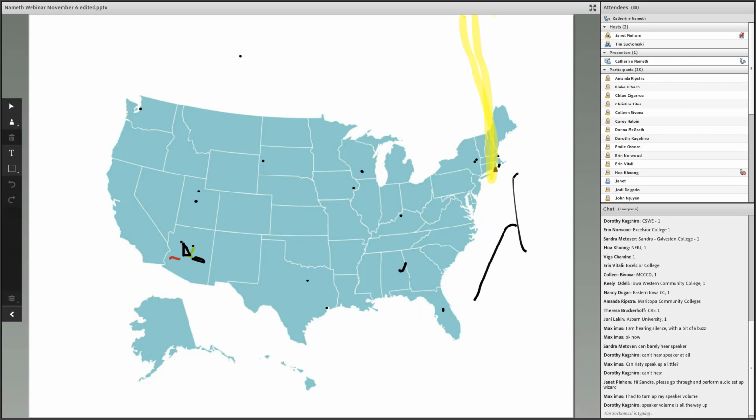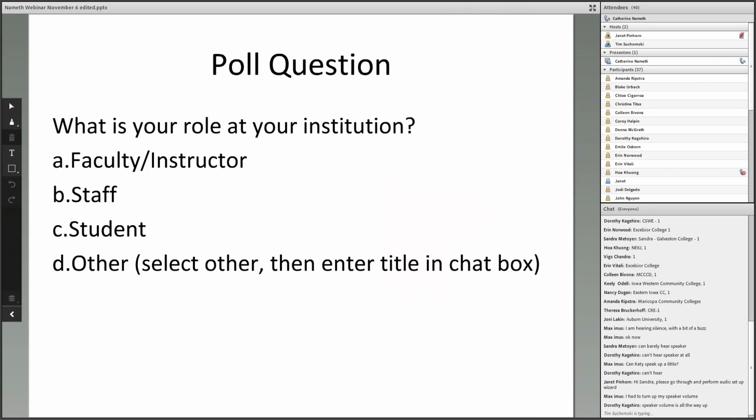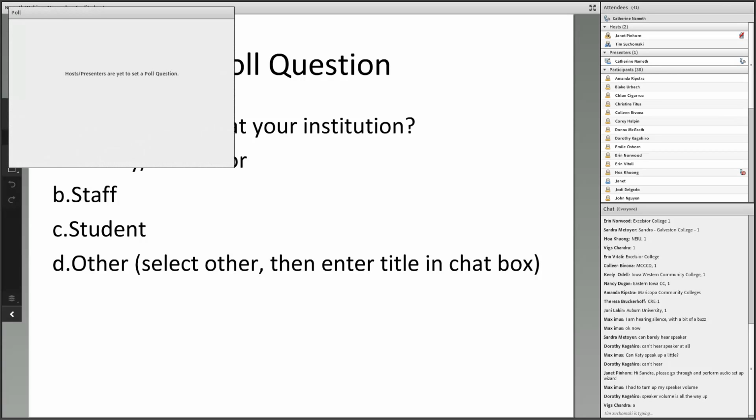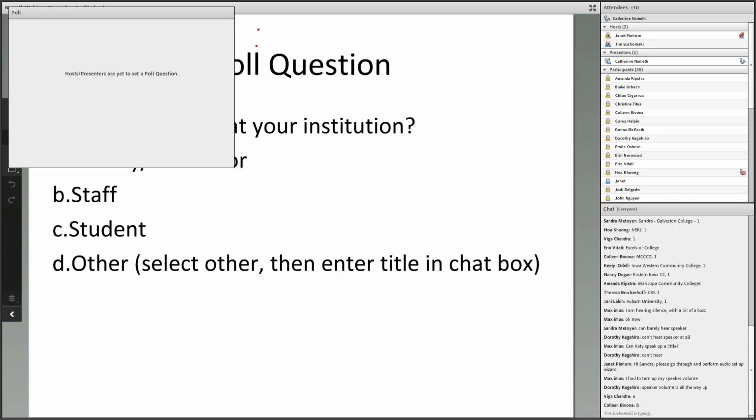So now that we see where people are in the world, let's go to our next slide and our first poll. So if you can tell us, please, what is your role at your institution? So A for faculty instructor, B for staff, C for student, or D is other. If you select other, please tell us in the chat box what your title is at your institution.